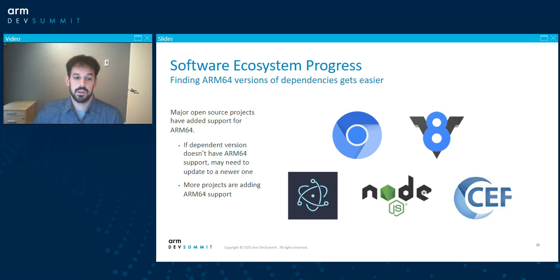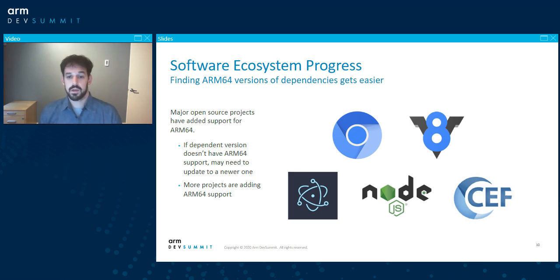But in general, the ecosystem has been making great progress toward building ARM64 and having ARM64 support. Projects big and little are building ARM64 thanks to efforts from the community, from engineers at ARM and at Microsoft, everyone. And so I call out a few major projects here. You might recognize their logos. We have ARM64 versions of Chromium, of V8, of Electron, Node.js, and Ceph in particular.